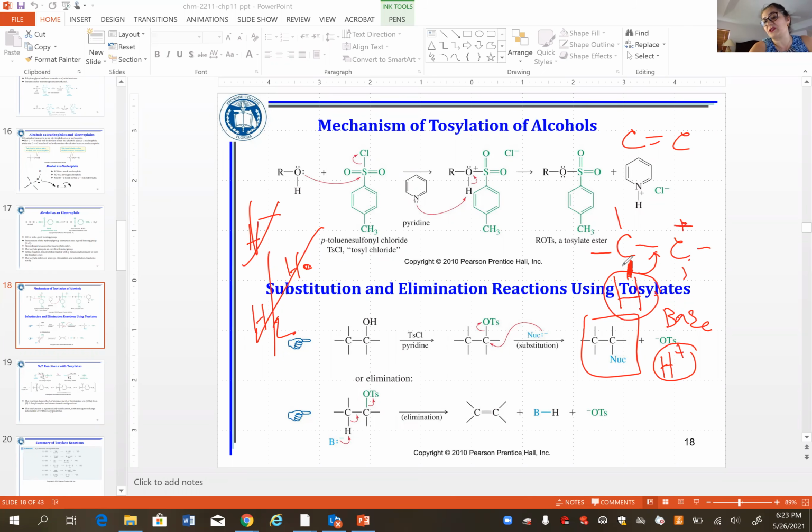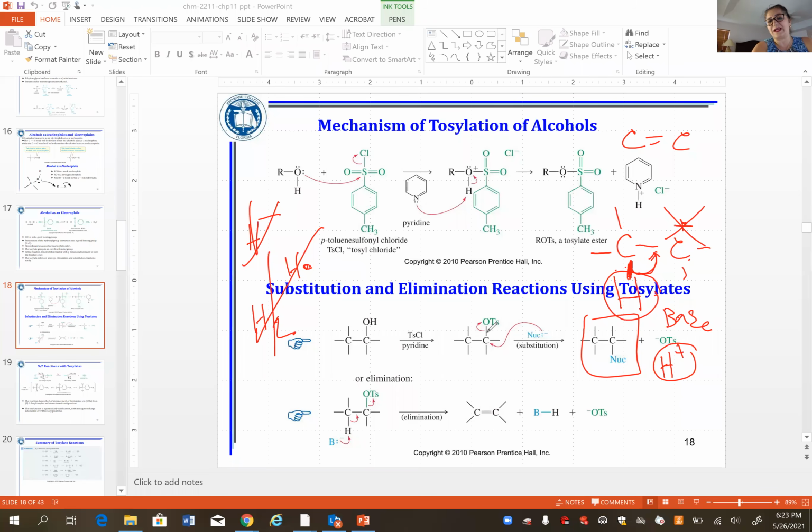This positive charge is going to be satisfied by the negative charge by bringing the pair of electrons to the center, and they are going to share, and you get rid of that plus charge. Until then you don't have a compound. The intermediate is a carbocation, which is very unstable.